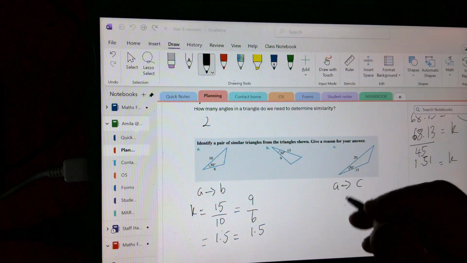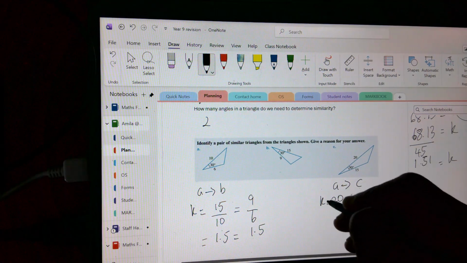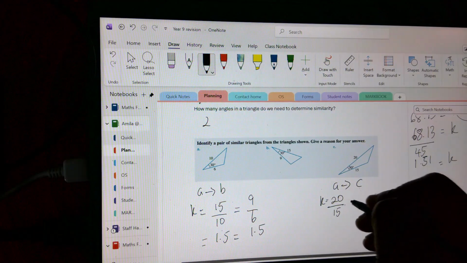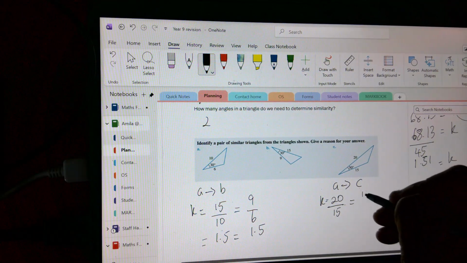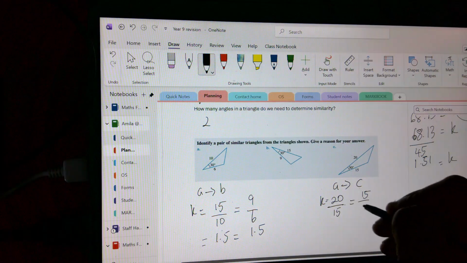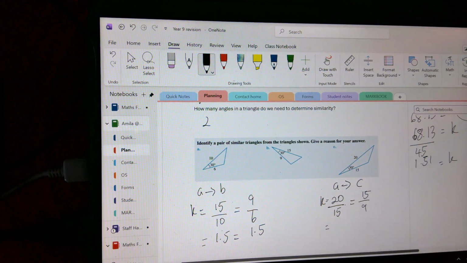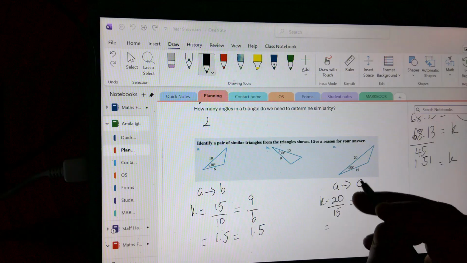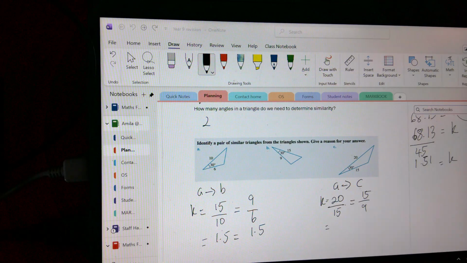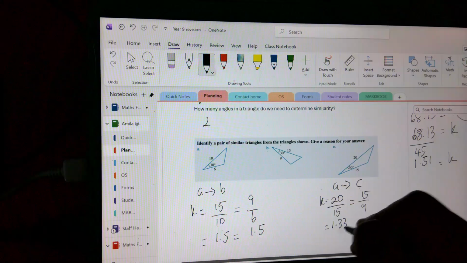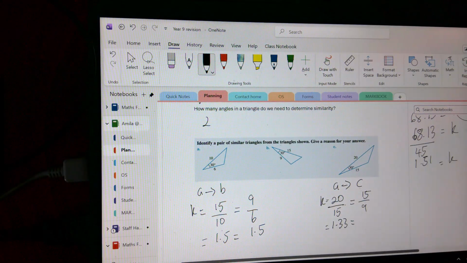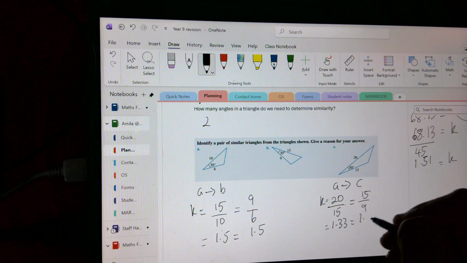If I look at B, I've got 20 over 15, and I'm going to compare it with 15 over 9. 20 divided by 15 gives us 4/3, so 1.33. 15 divided by 9 gives us 1.67.